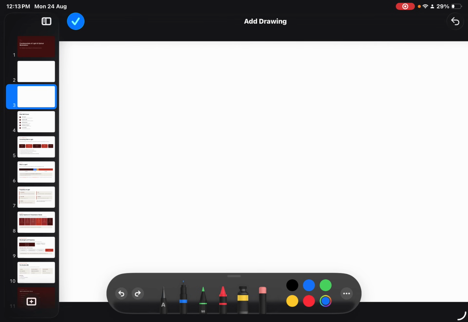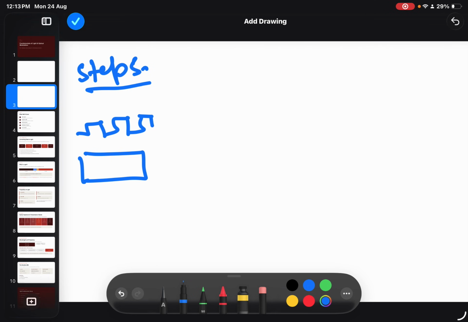Now what are the steps involved in optical communication? Let's understand first. Your input that is coming here is the electrical signal. So this is your input. Now that will first go to your transmitter.